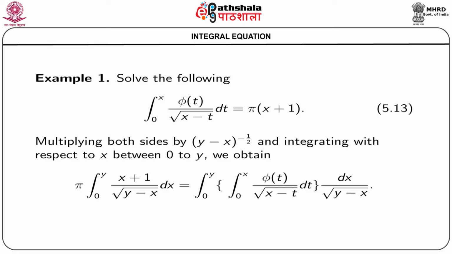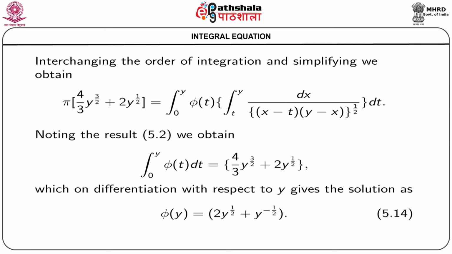We multiply this equation on both sides by the function (y minus x) to the power minus half and integrate with respect to x from 0 to y to obtain an expression: pi into the integral 0 to y of (x plus 1) divided by root over (y minus x) dx equal to an expression which consists of a double integral.